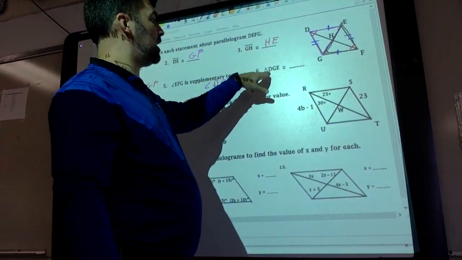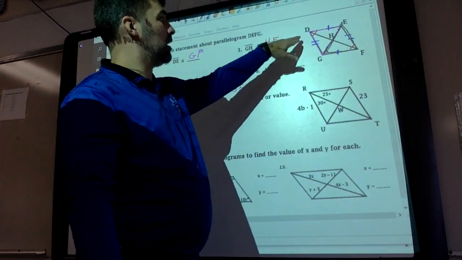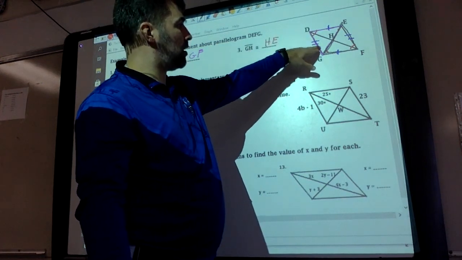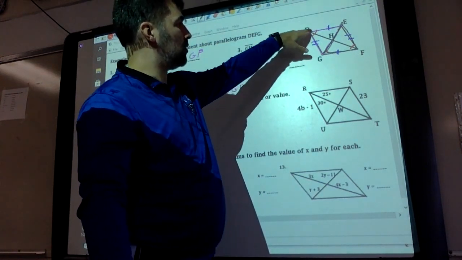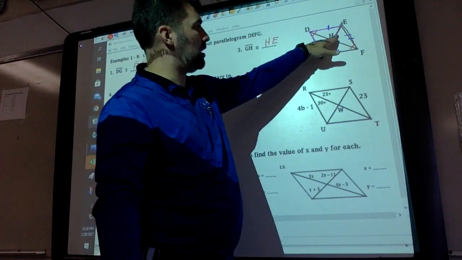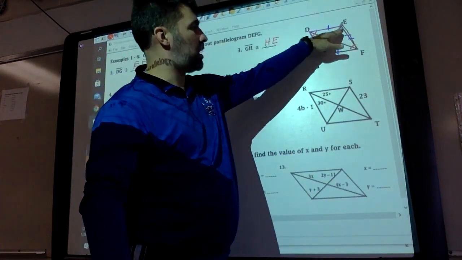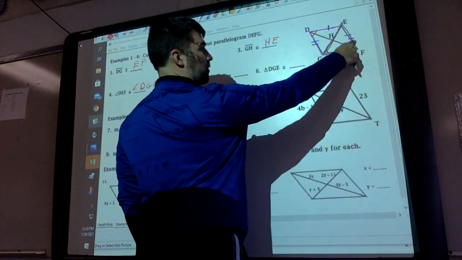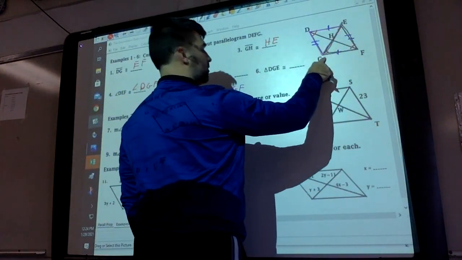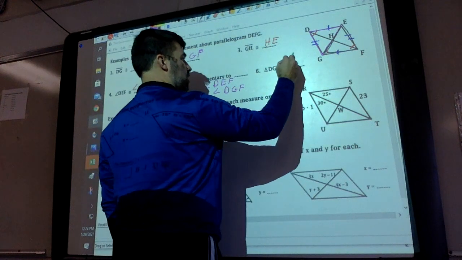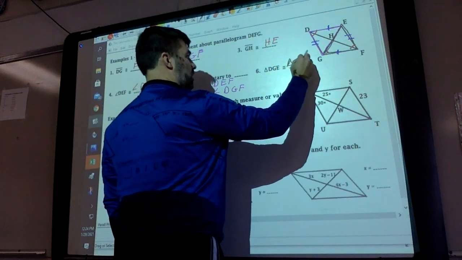Okay, but if they go DGE, D to G is the 2 mark side. So D, G, and then E is that shared side. So I go 2 marks to shared. I would have to go F, E, G. All right, because order is important. So triangle FEG.